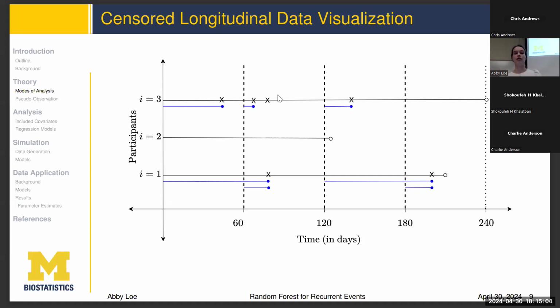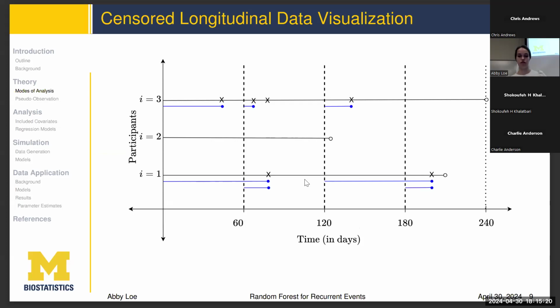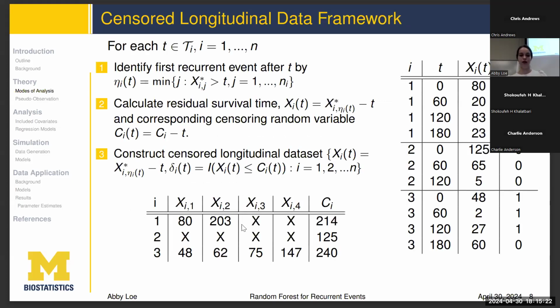We can also notice that for patient 3, we don't actually capture this third event. But we're capturing a lot of our events. And why don't you capture that event? Right, so we're going to go back to the event at time 60. The first event that happens after time 60 for patient 3 is 62.